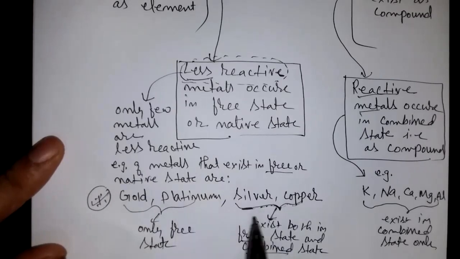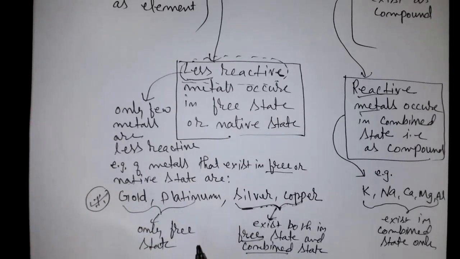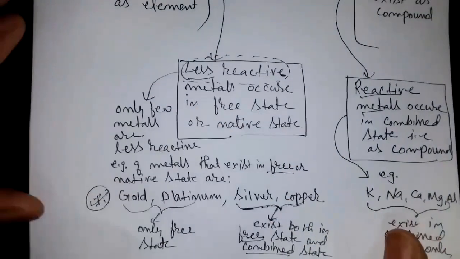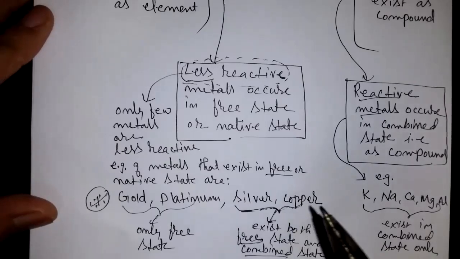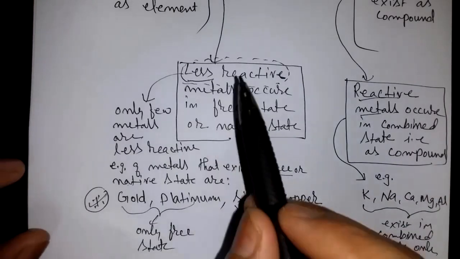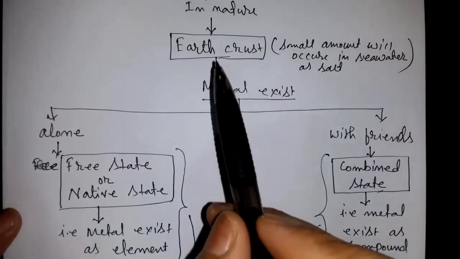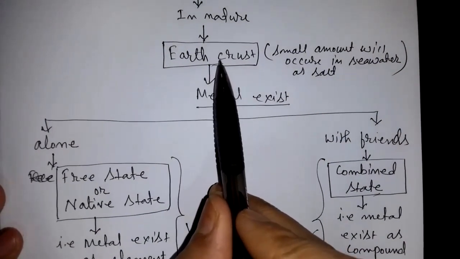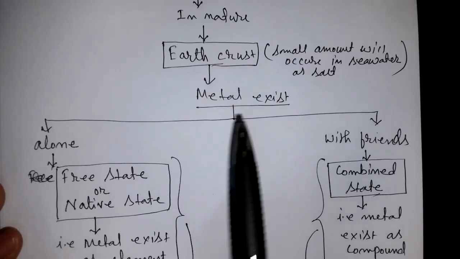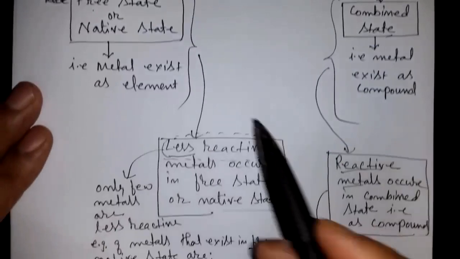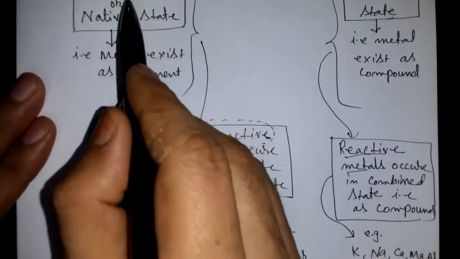That means metals that can exist in free state. Okay, so after this we'll see more terms related with the metals. Now before we go to the next page, we see that the majority of metals are inside the earth crust, and the metal which is inside the earth crust may exist in two forms, sometimes free state and sometimes combined state. Free state, what type of metal can exist in free state?